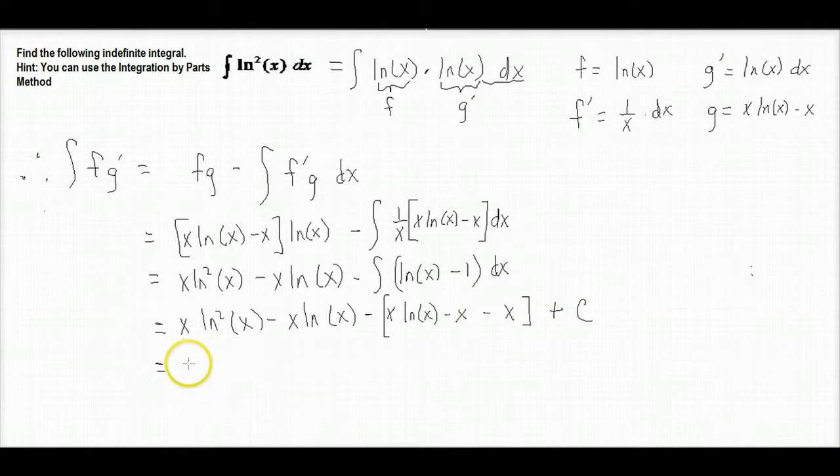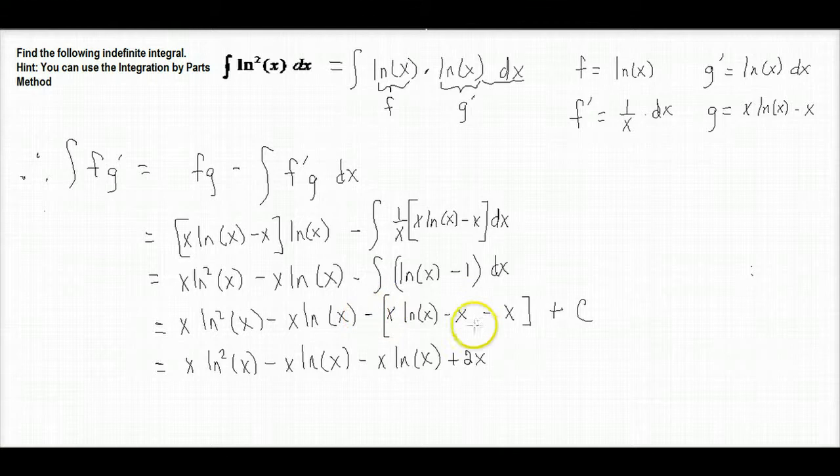So now it's just a matter of cleaning everything up. Here we have x natural log of x minus x natural log of x plus 2x. Here these two end up being a negative 2x, and then a minus a negative is positive.